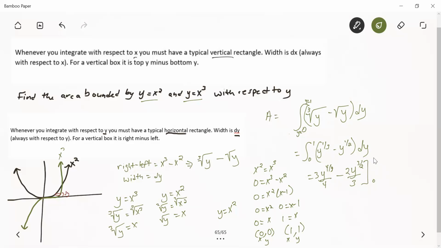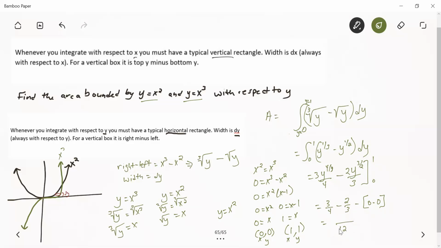And we're going to evaluate this from 0 up to 1. So we're going to get 3 times 1 to the 4/3, which is still 1, over 4. And then 1 to the 3/2 is still 1. So this is times 2 over 3. And then minus 0, when I plug in 0 there, it's 0, and then minus 0. Okay? So this is 3/4 minus 2/3.